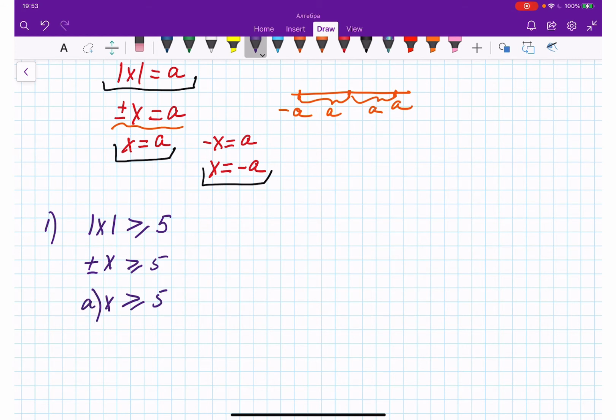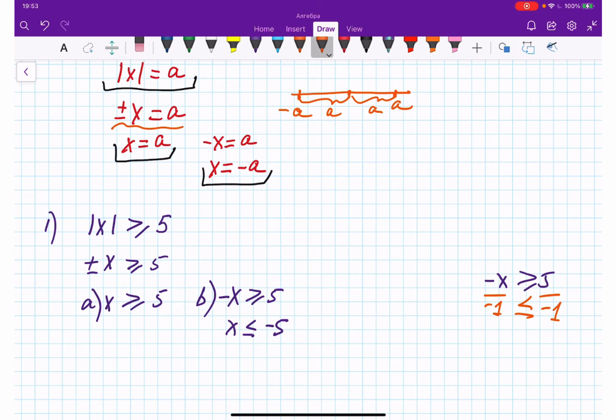And then as b, negative x greater equal 5. From here, x is less equal negative 5. Remember, when we have inequality, let's say negative x greater equal 5, and we divide by negative 1, when we divide by negative, we flip the sign also. Okay? Always. That's why we got x is less equal negative 5.